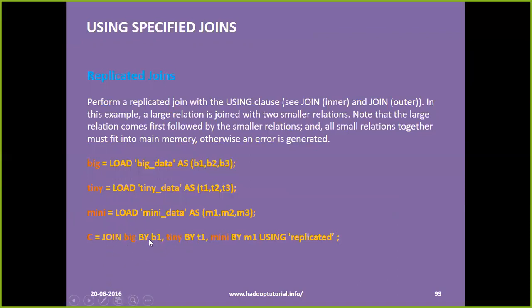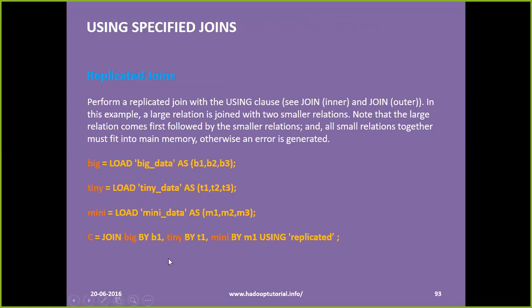This is the reverse of a regular join. In a regular join, we specify the smaller tables on the left side and larger tables on the right side. But in replicated joins, the bigger table is on the left side, and immediately after the bigger table, you start with the smallest table. This is the tiniest.